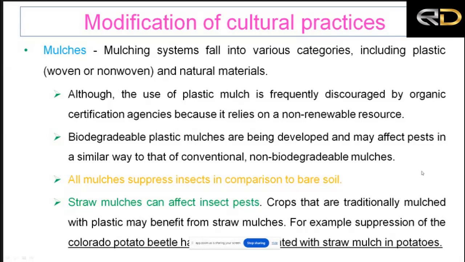For example, with the Colorado beetle, it has been demonstrated that when straw mulch is applied in potatoes, then this Colorado potato beetle doesn't come up. So like that, it can also be improved.